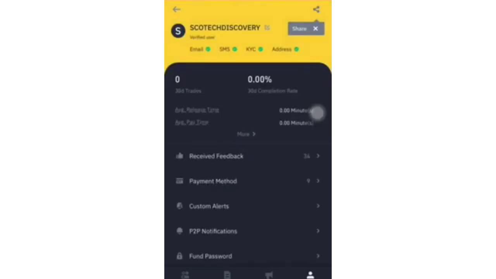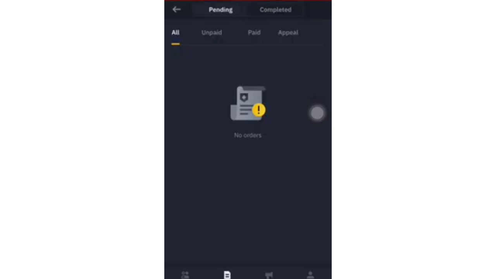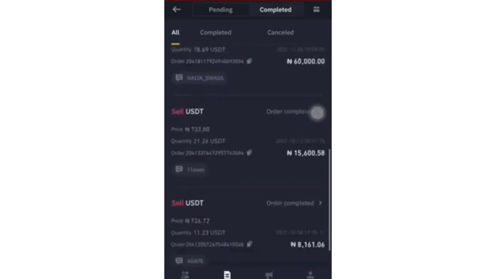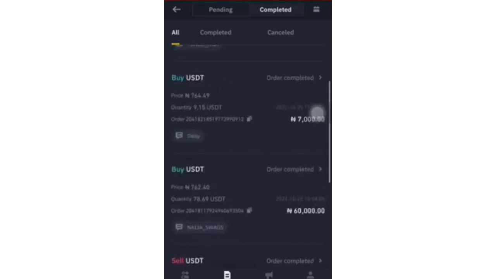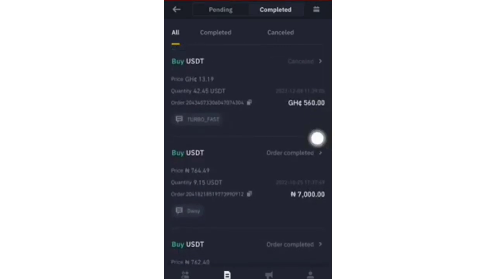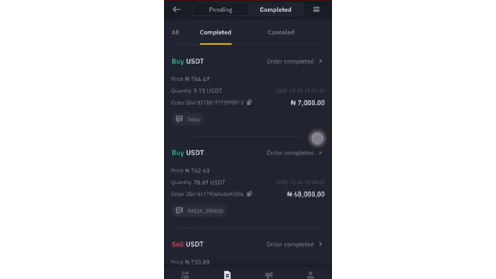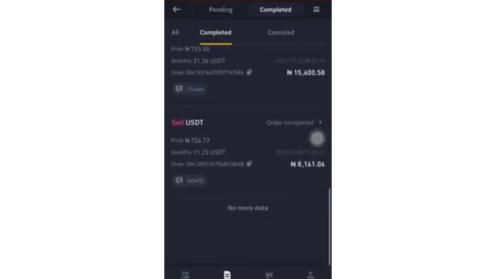So okay, before we move, this is about the order and everything. This is the order, as you can see, where you can check completed histories and all that, the transactions you made in the past. So you see this 560 Ghana cedis, I made 7,000 naira and all that. So that's how you keep moving.